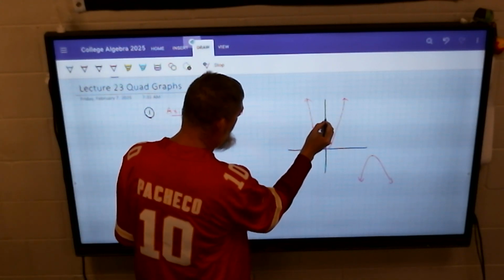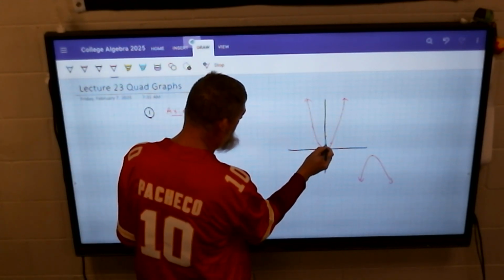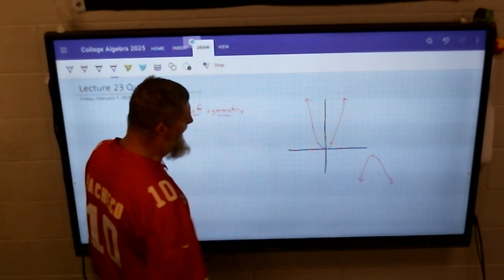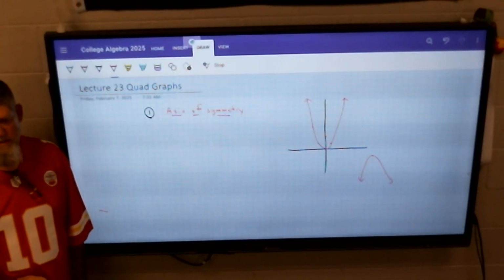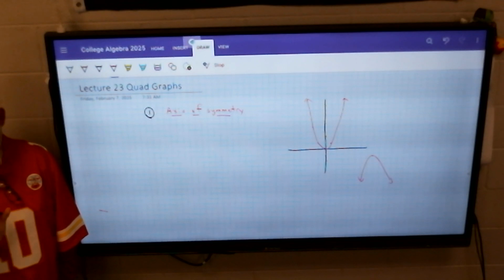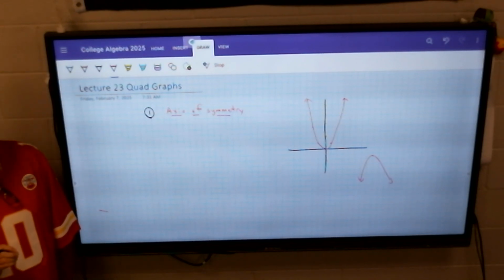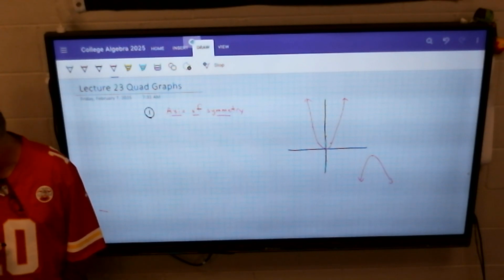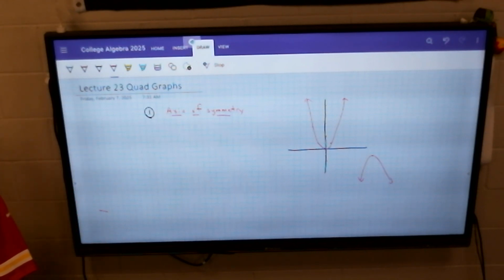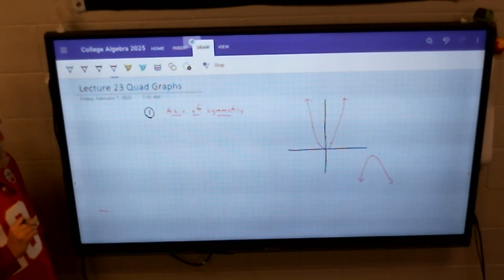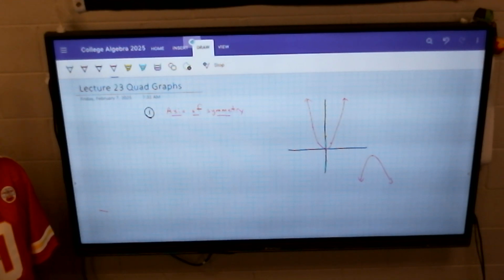In fact, we could say a quadratic is split in two. Now, you said the vertex and the axis of symmetry are the same thing. Well, the vertex is always going to be on the axis of symmetry, but they are two different things. What does symmetry mean? Same on both sides. It reflects on both sides. So whatever it does on one side, it looks exactly the same on the other.